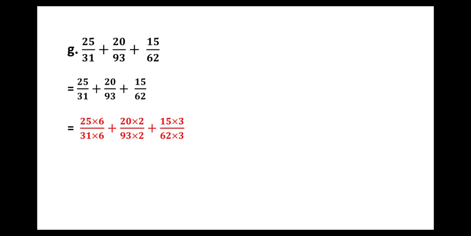So 3 times 62 gives us 186. So after the multiplication, we get 150 upon 186, 40 upon 186 and 45 upon 186. So now you can see that the denominators are same.